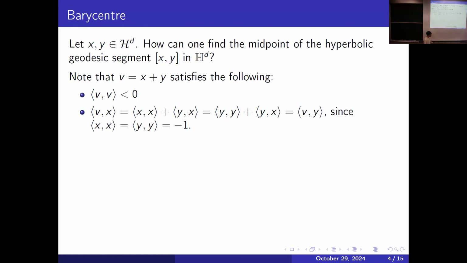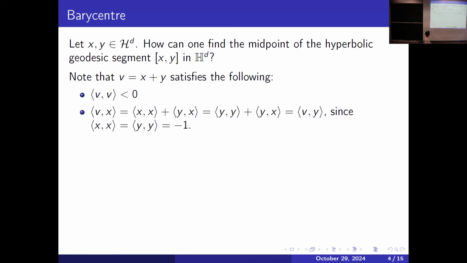What is very important for us is that v satisfies the following: the scalar product of v with x equals the scalar product of v and y. Here is the computation: I just expand and notice that x·x is equal to y·y is equal to -1.